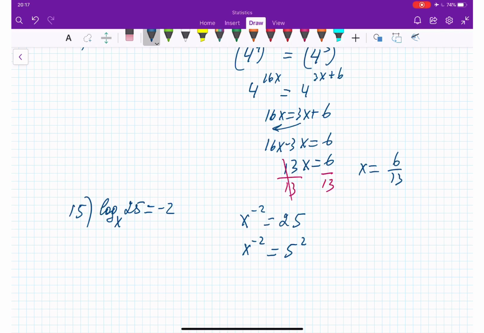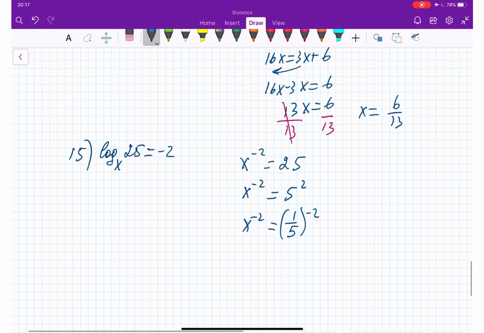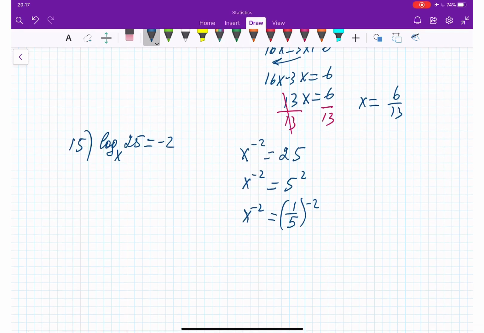So it's going to be x to the power negative 2 is equal to 1 over 5 to the power negative 2. Okay, and from here, since exponents are the same, then bases also can be equal. x is equal to 1/5.